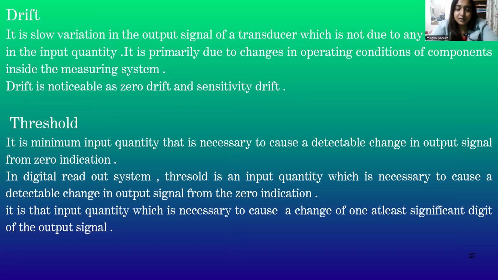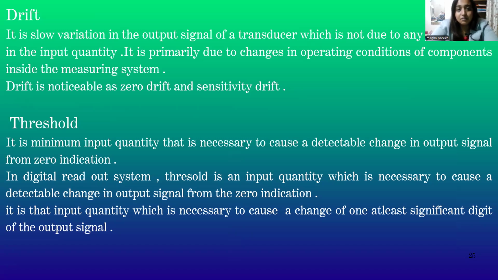Now, what is the threshold? First, we will see an example and then we will see the definition. If we apply 0.1 volt to an input and the output starts showing variation, then 0.1 volt is called the threshold of the instrument, because if I give an input of 0.08, the scale of the output will not move.